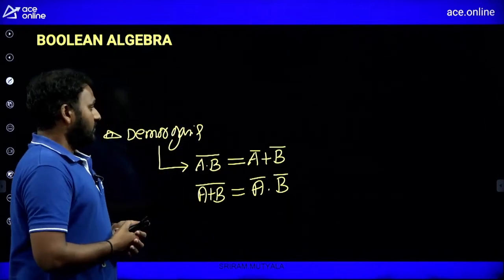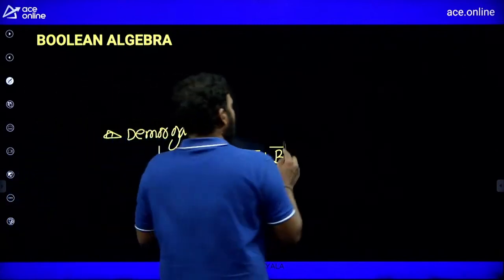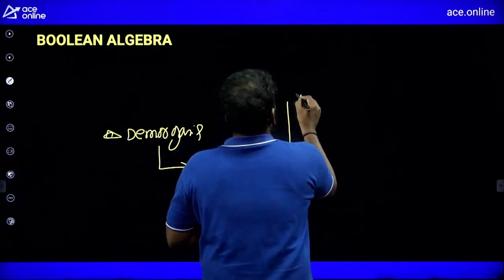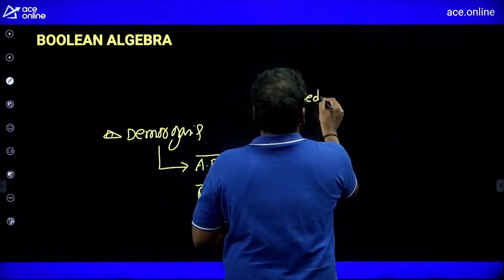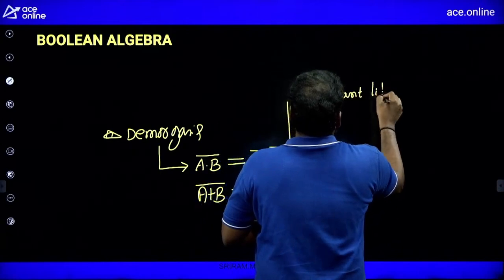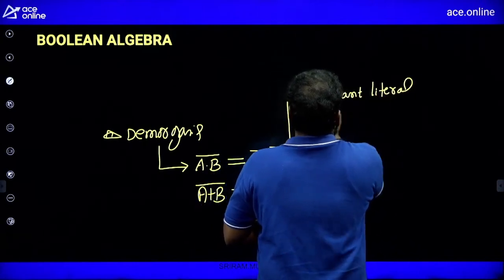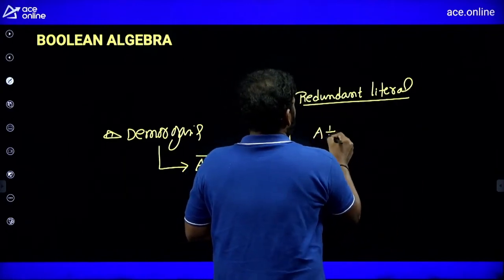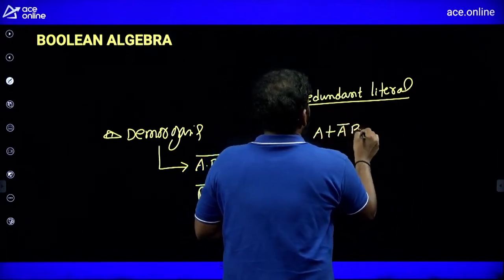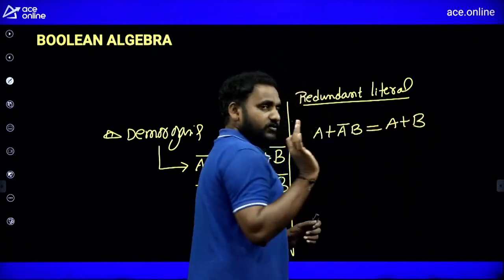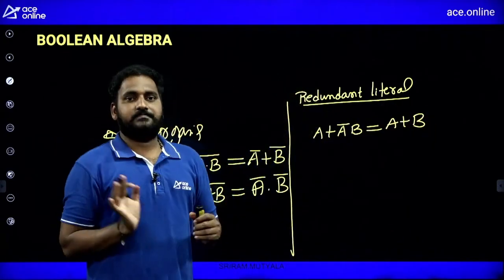Okay? And another important one is the redundant literal rule. According to this, A plus A bar B can be written as A plus B. Whatever you do, you remember it.